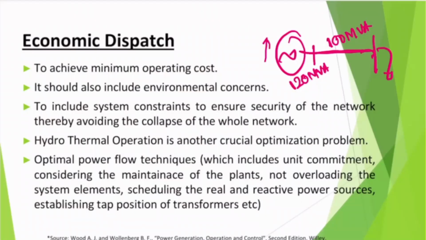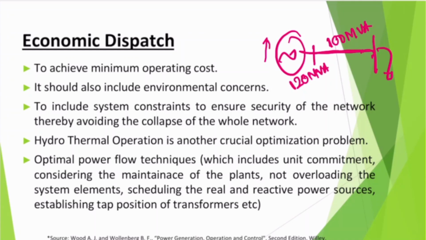So there are a few challenges. First, you have to optimize your generation output, agree, but also make sure that the cost is minimum, the environmental constraints are satisfied, the security constraint of the network is satisfied, and it can sync with other generating resources, like hydrothermal coordination, without being disturbed.